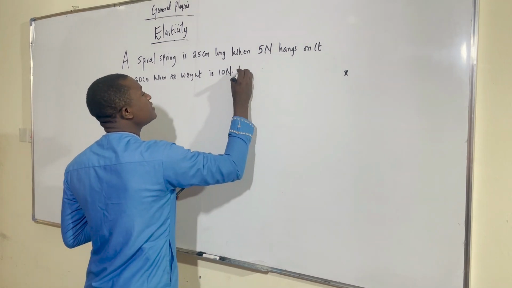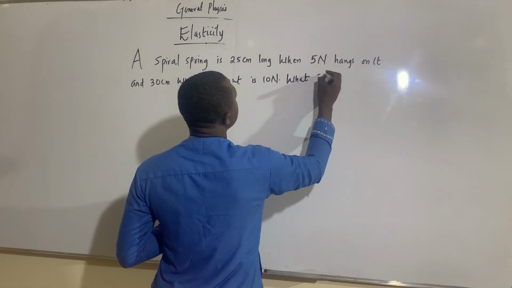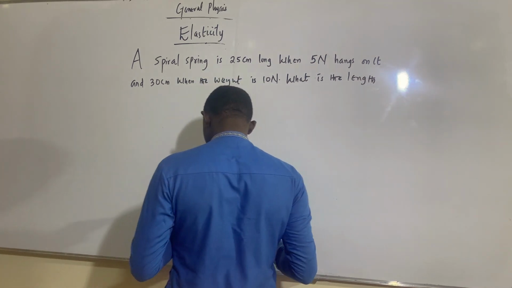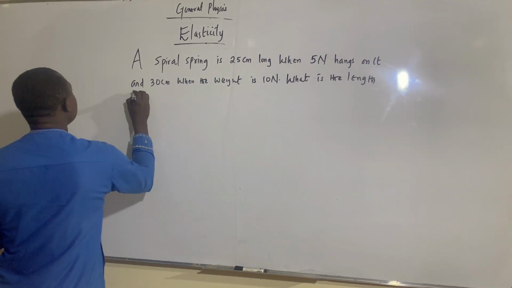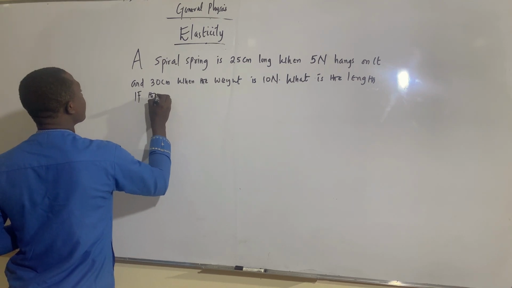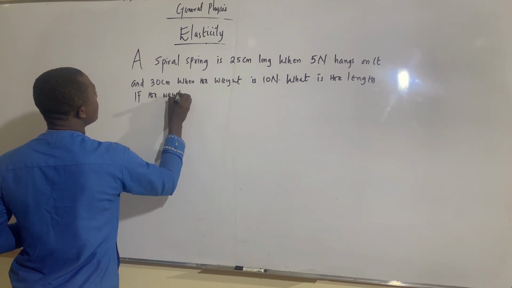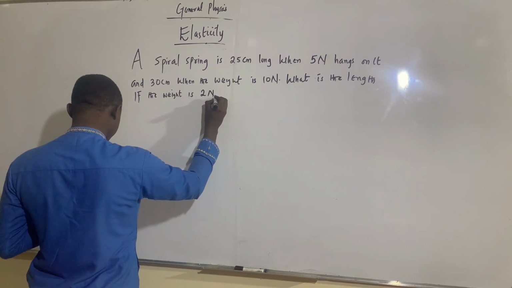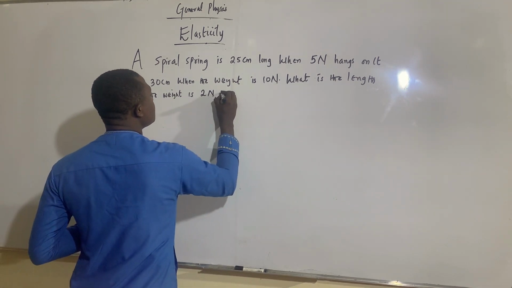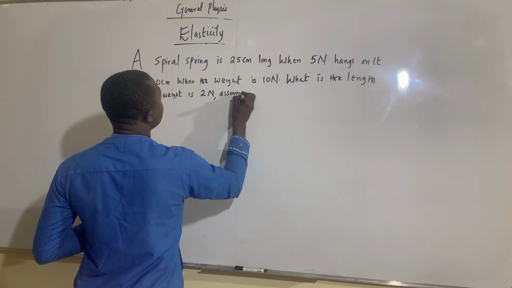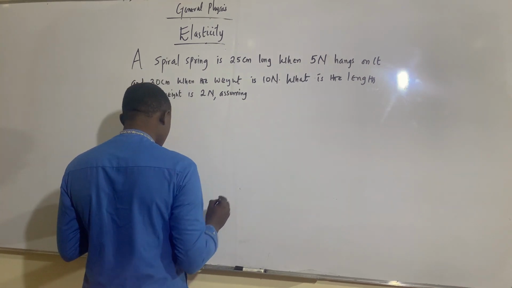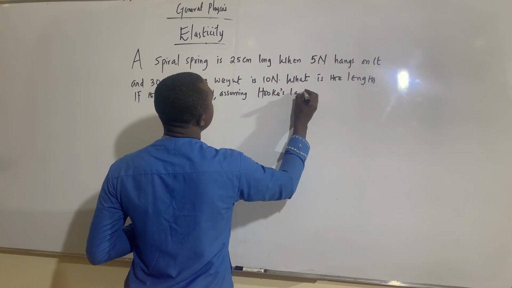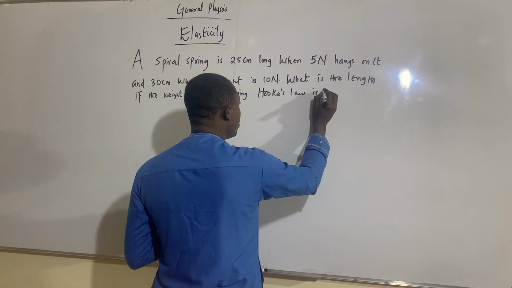What is the length if the weight is 2 Newton, assuming Hooke's law is obeyed?